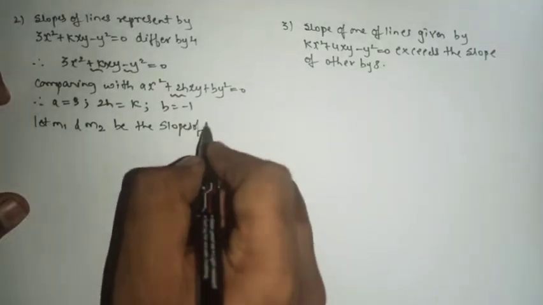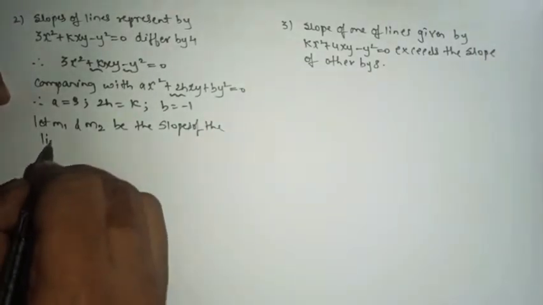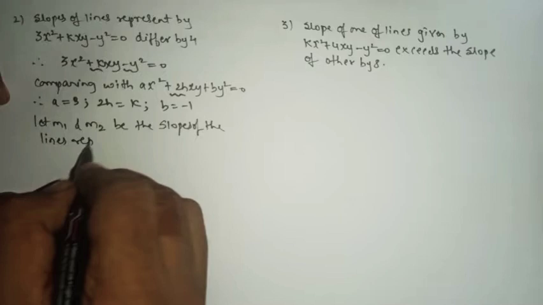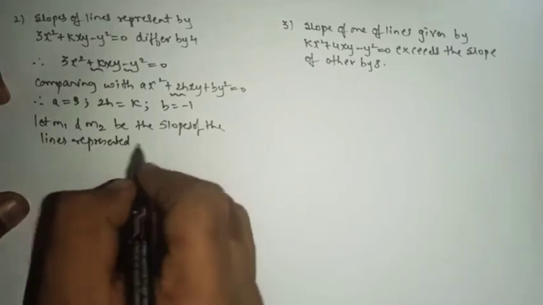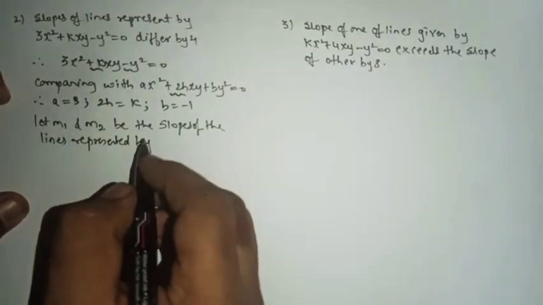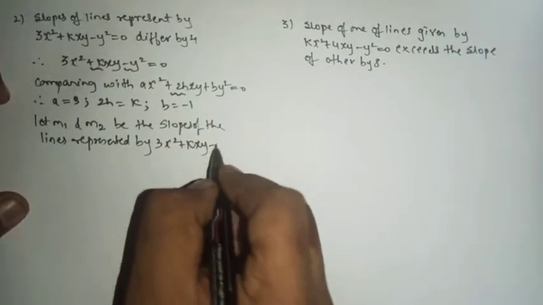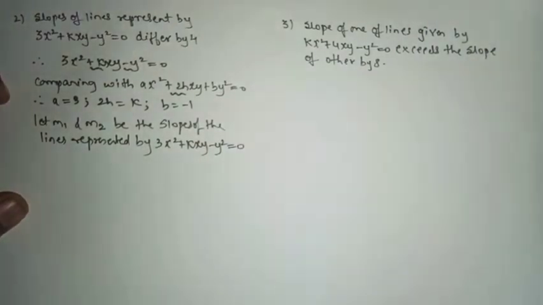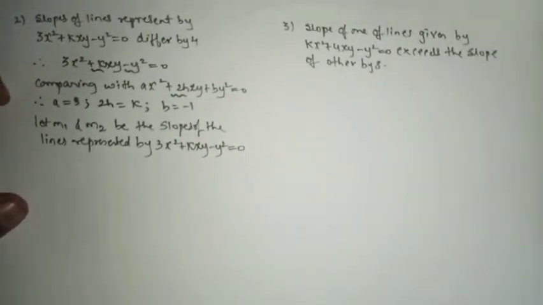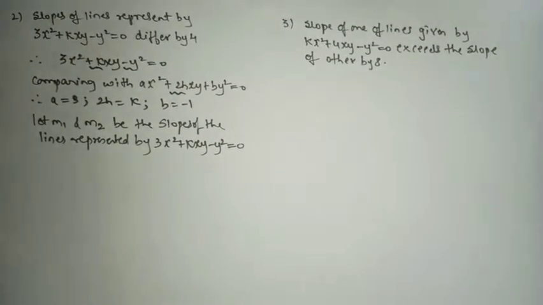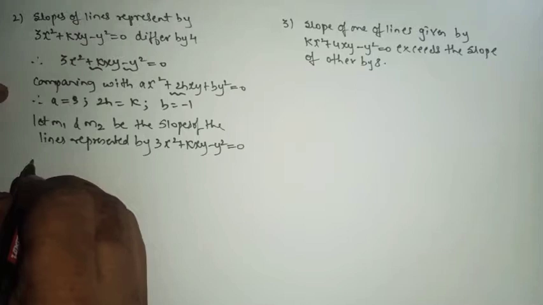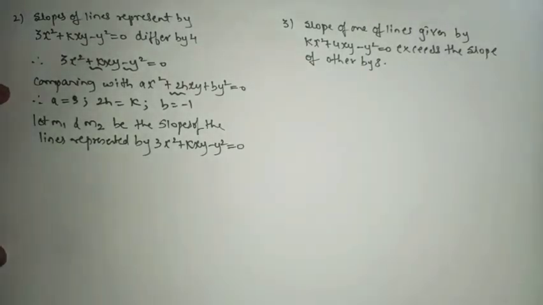Let m1 and m2 be the slopes of the lines represented by 3x² + kxy - y² = 0. Yes or no? After this, what will you do? Now listen here.